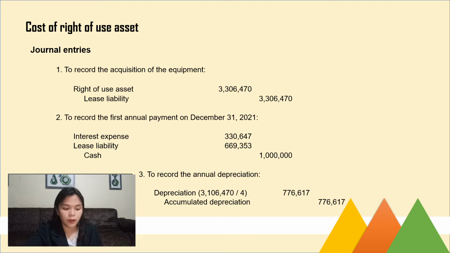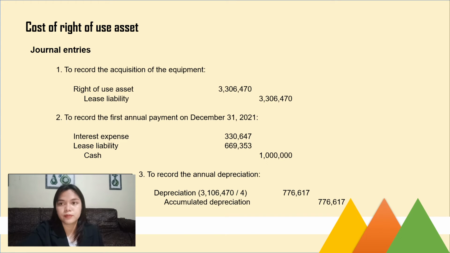The depreciable amount is equal to 3,306,470 minus the residual value guarantee of 200,000, which is 3,106,470. The asset is depreciated over the lease term of 4 years, which is shorter than the useful life of 5 years, because there is neither a transfer of title nor a reasonably certain purchase option.